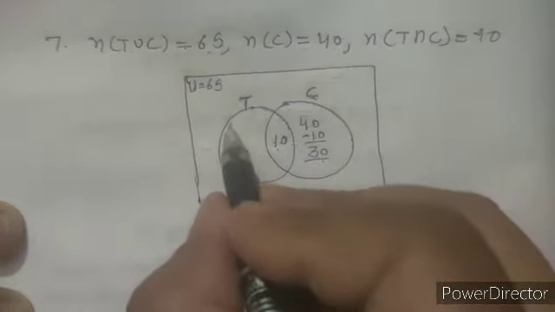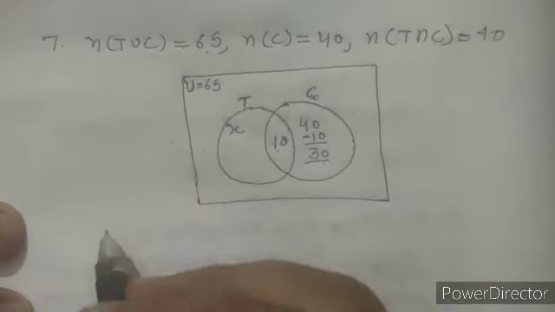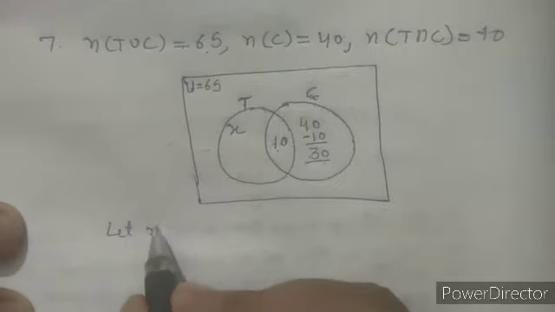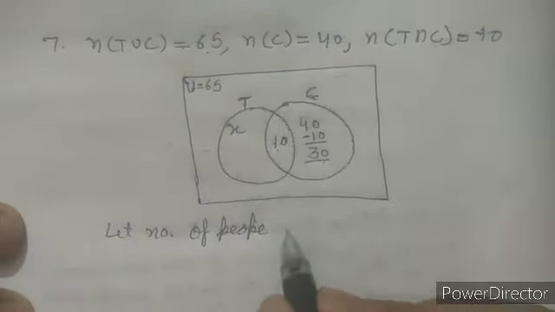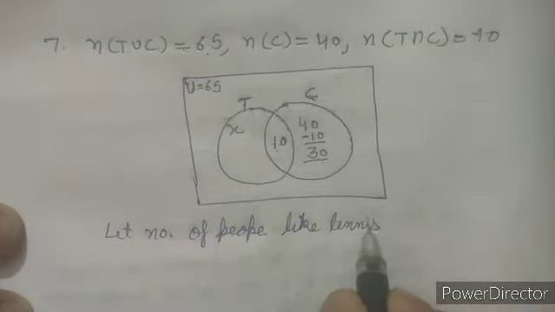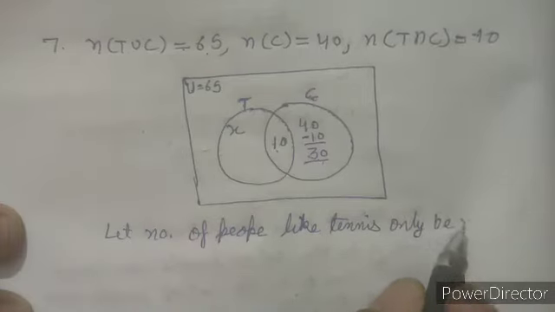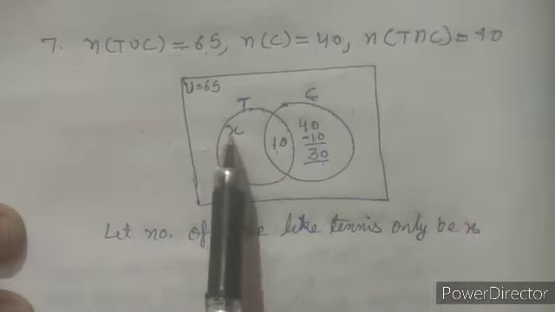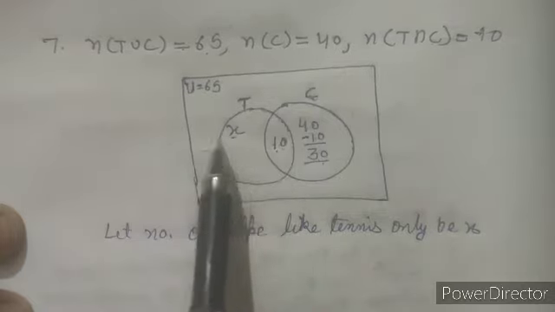Suppose the number of people who like tennis only be x. Now if we are taking only tennis, that means these 10 people are not included in this.